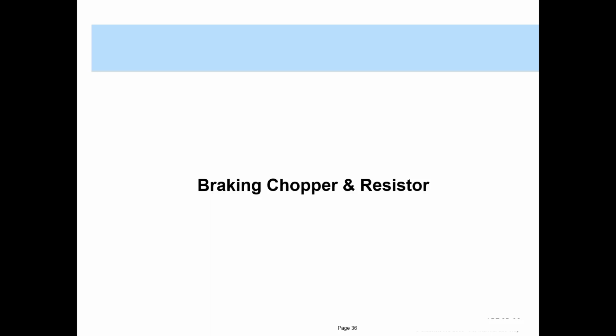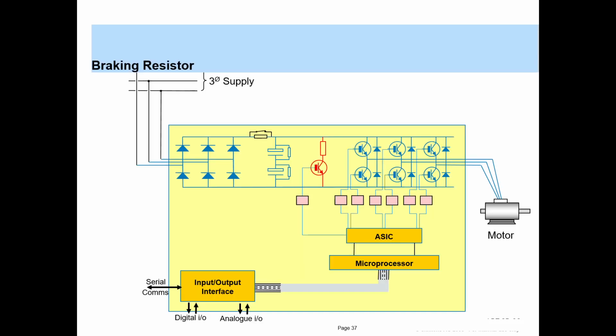Braking chopper and resistor. This is basically required when we have regenerated power from the motor. So when you have to stop the motor, or whenever you have power which is regenerated from the motor, it is fed back to this DC link.